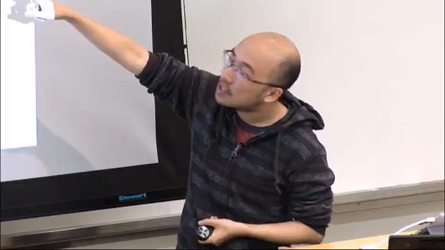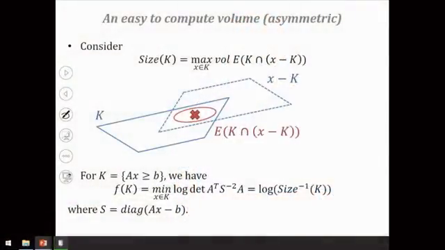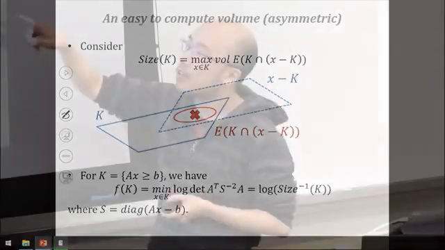This is a good approximation for the cutting plane method because remember each time we are decreasing the volume by some constant. If the approximation is just exponential, that means we just need to take extra n iterations to recover this approximation. So this is good for us. So we have an easy way to estimate the volume for a symmetric body. How about a non-symmetric body? Like this one. The way to do this is you take any point x inside the convex set, then you flip the convex set, x minus K, and then you take the intersection.